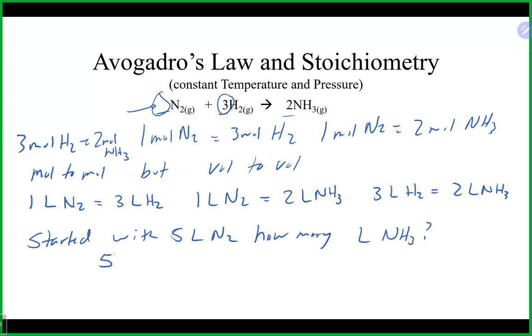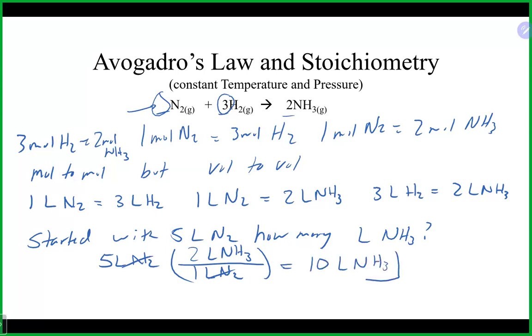You could start with your 5 liters of N2, go to your equation, and find your volume-to-volume relationship. And once again, 1 liter of N2 will give us 2 liters of NH3. Liters of N2 will cancel and will tell us that we will produce 10 liters of NH3 in this case. And this can save you some time sometimes.